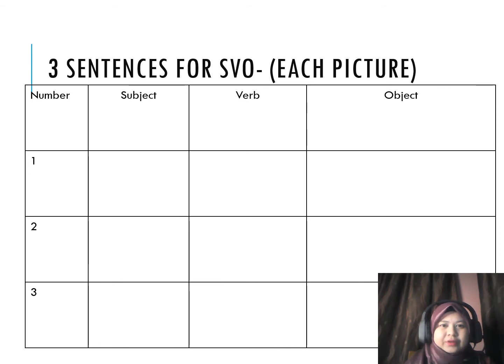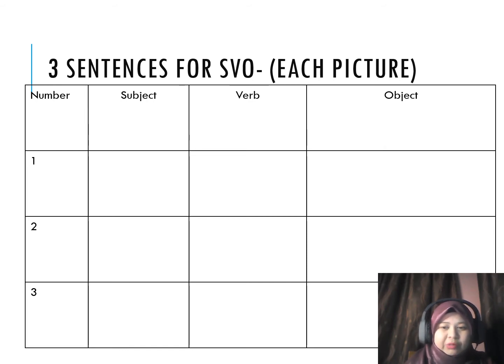So for this one, this is the table that you have to write in your books. Kamu boleh guna buku apa saja, yang penting buku bahasa Inggeris. Lepas tu, kamu kena lukis kotak yang Miss buat ni.